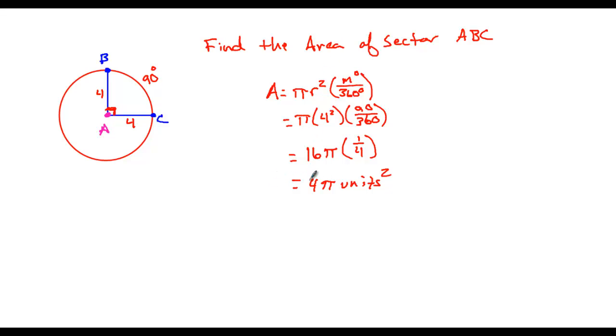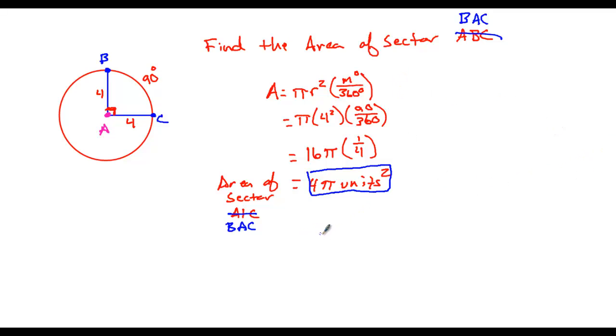So our area of our sector ABC, and really I should be calling this BAC. So, my mistake, BAC. But our area is 4 pi units squared.